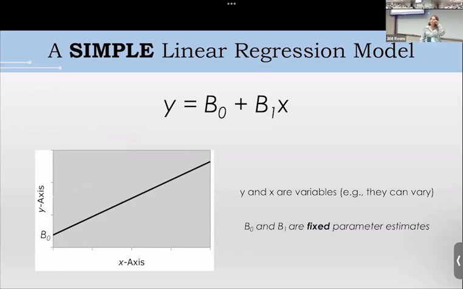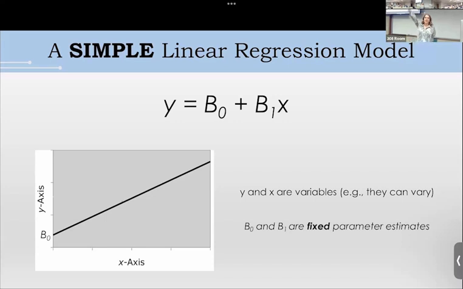Are b sub 0 and b1 variables? Why not? They're calculated based on the data. But more importantly, why can't they be different? Why don't they change? They're the rule for everyone. In stats terms, we call those fixed parameter estimates. Remember what we're doing in stats.